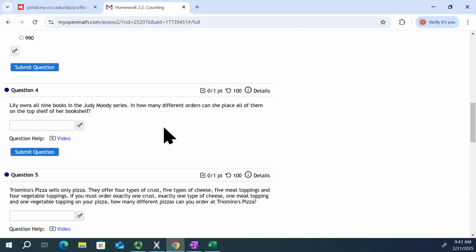May as well. We've got 9 books in the Judy Moody series. I guess this is a clever pun or something. How many ways can we put them on the bookshelf? How many ways can you put up the first book? 9 choices. You put the first book up. How many books do you have left? You've got 8. This is 9 times 8 times 7 times 6 times 5, because we have to place all of them.